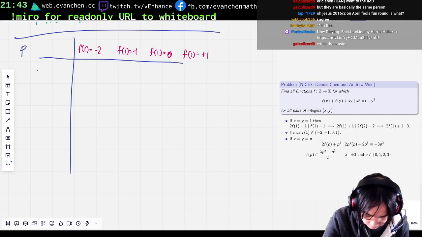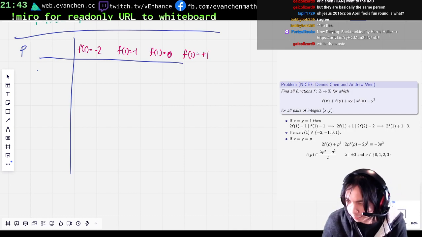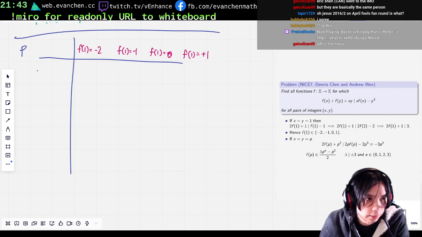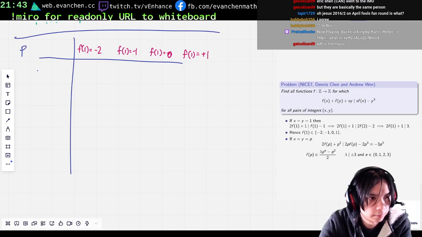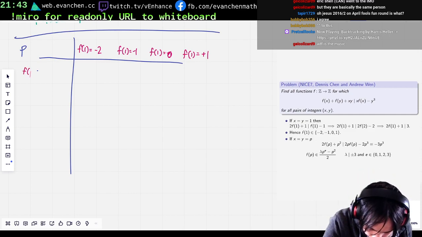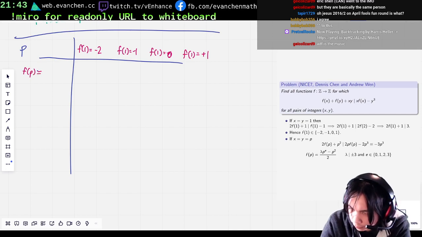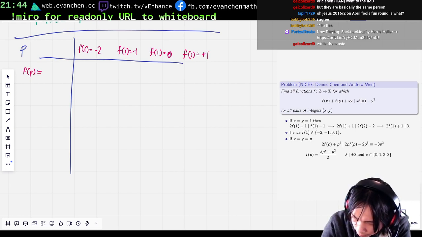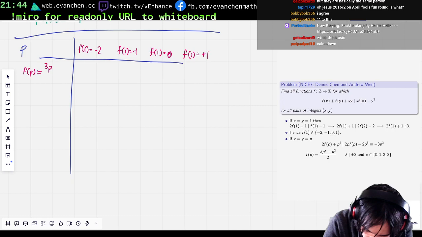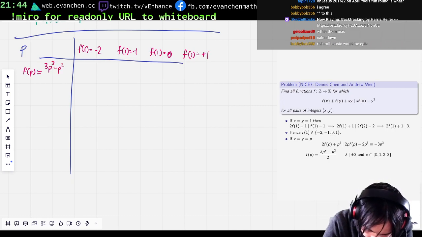On the other hand, on the left, there are a bunch of different possibilities, right? Let me write just a few. F of p is equal to 3p cubed minus p squared over 2.